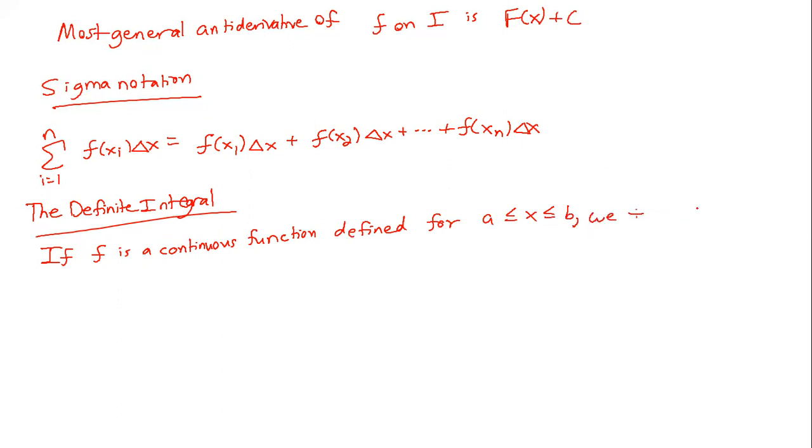we divide the interval [a, b] into n subintervals of equal width, delta x equals (b minus a) over n.